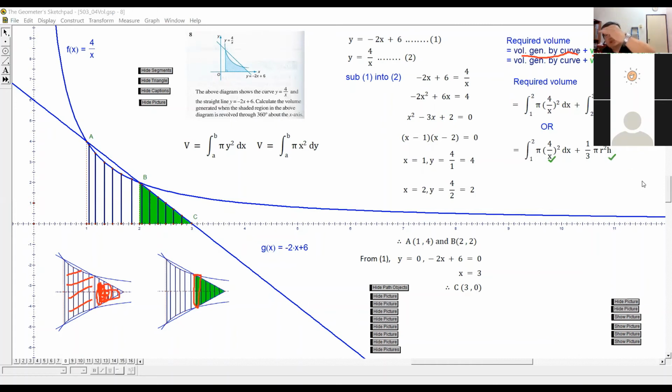The first way, you use y squared dx for the curve and y squared dx for the straight line. But I'm going to do it the easy way: y squared dx for the curve, and for the straight line, I use the formula for the cone. So how are we going to do? Next step.